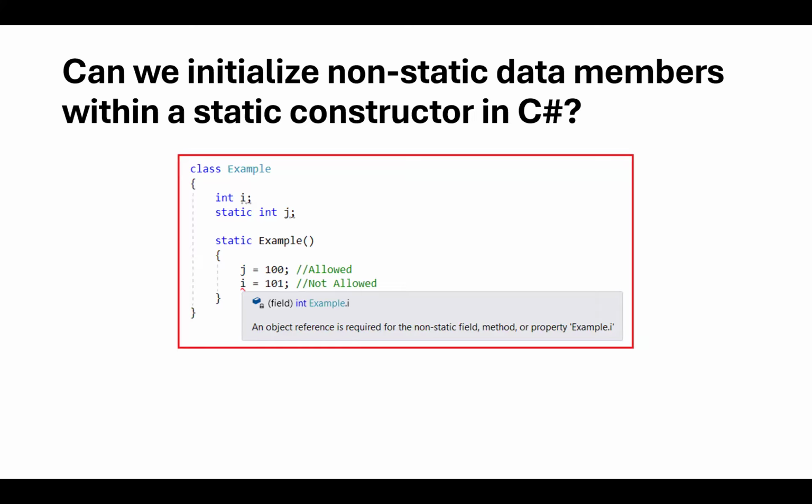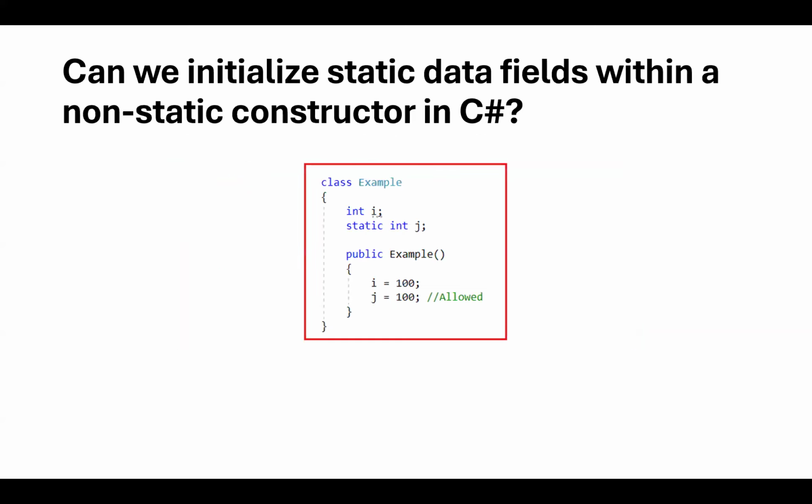You can see it's not available. So we have two variables, int and static int j. The int okay, but static j we cannot. But we can initialize a static data member with a non-static constructor. It's available. You can see on the slide.